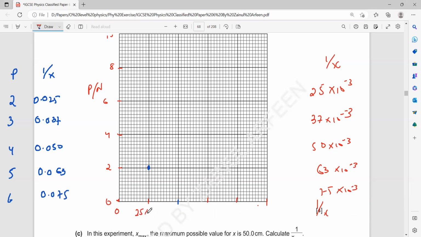If you write 25 into 10 to the power minus 3, then you write 50 into 10 to the power minus 3, 75 into 10 to the power minus 3, 100 into 10 to the power minus 3, 125 into 10 to the power minus 3, this is also fine. Or you multiply 10 to the power minus 3 with the axis, that's also fine.